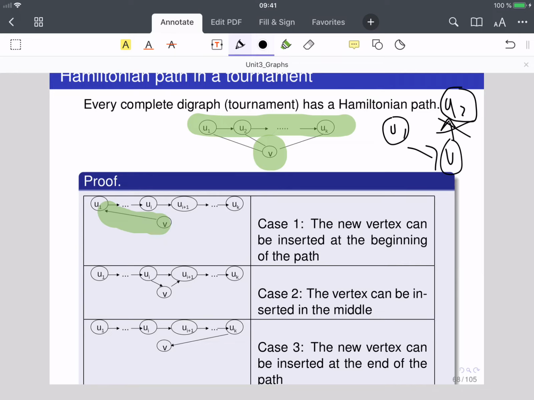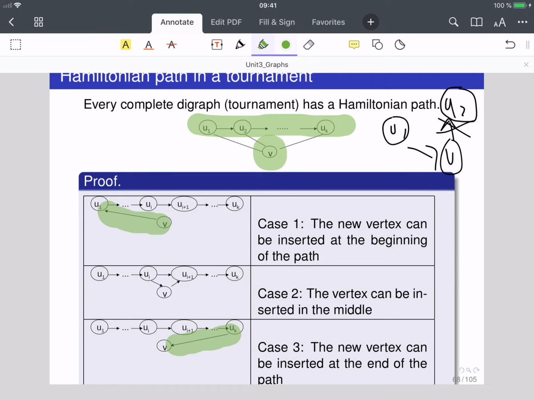In the final situation, if we do not find any place in the middle to insert the vertex, this is because all the arrows point from U1 to V, from U2 to V, from U3 to V, and so on. So in that case, we also have an arrow from the last vertex to V, and we can insert V at the end. Okay?